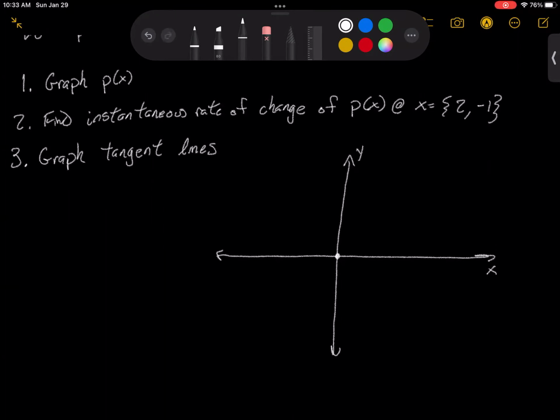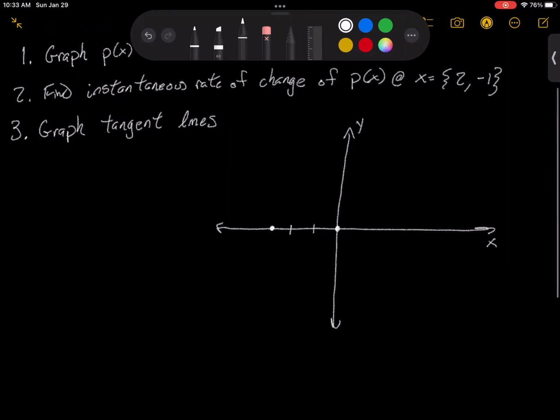You get a 0 there. You also pick up another 0 at approximately minus 2.8. So somewhere right there. And then your third 0 of this cubic is the symmetric 2.8, about positive 2.8. So about there, right?